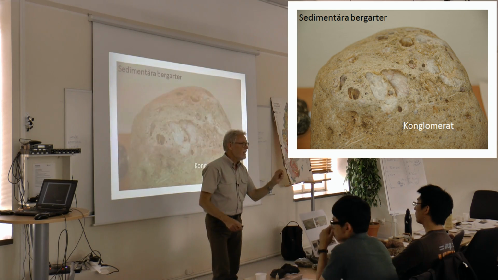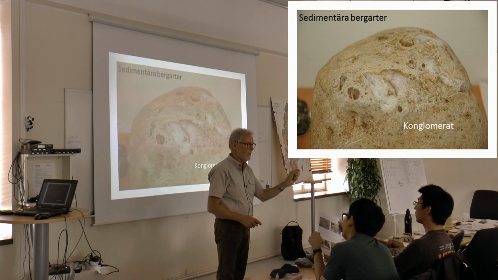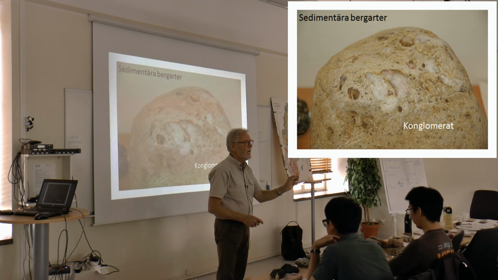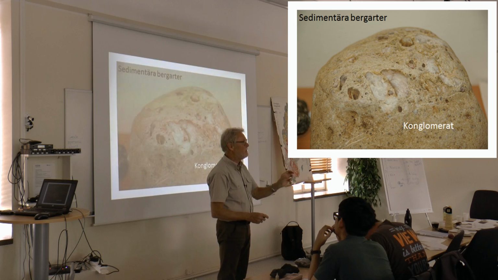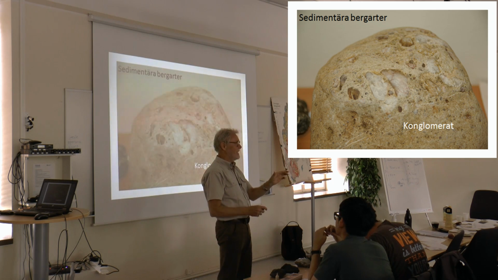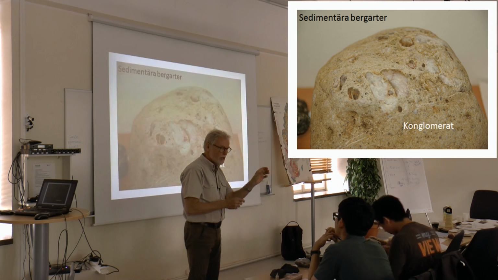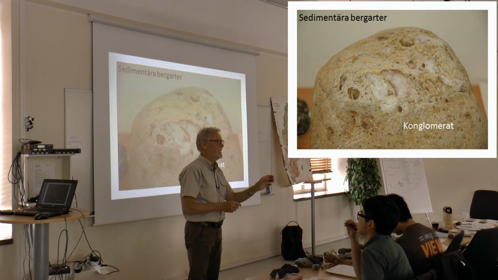You see there's some stone, sand. The fraction of sand is 0.2 millimeters up to 2 millimeters. That is sand, nothing else. From 2 millimeters up to 20 millimeters, that is gravel.